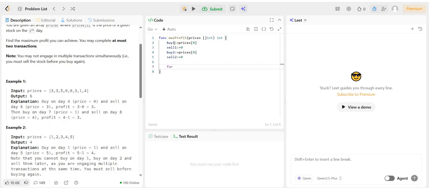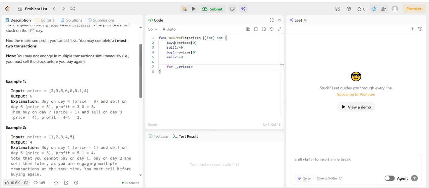Now there we were iterating with a regular for loop, but here I am using the range loop, because I don't need the extra index here.